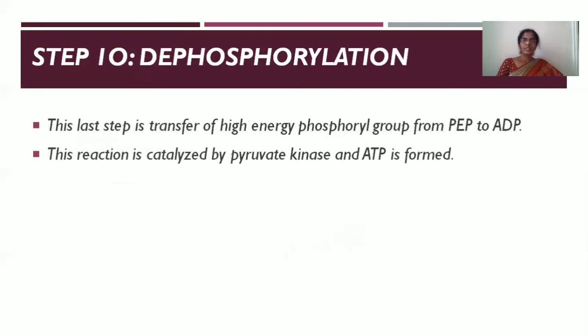And the next, last reaction in glycolysis is dephosphorylation. Dephosphorylation here means losing of a phosphate group from the substrate. This is the last step in the glycolysis pathway.